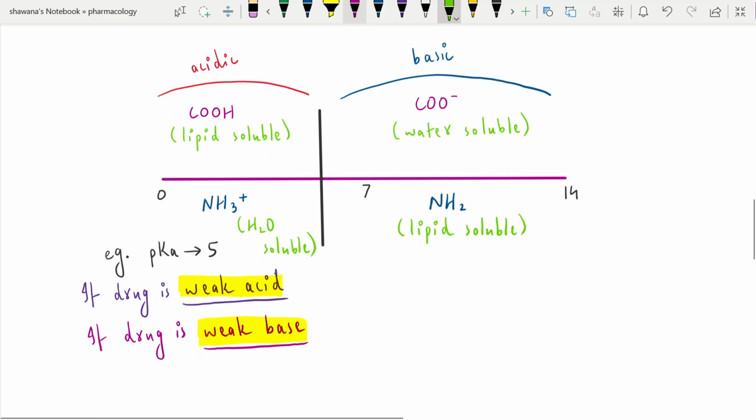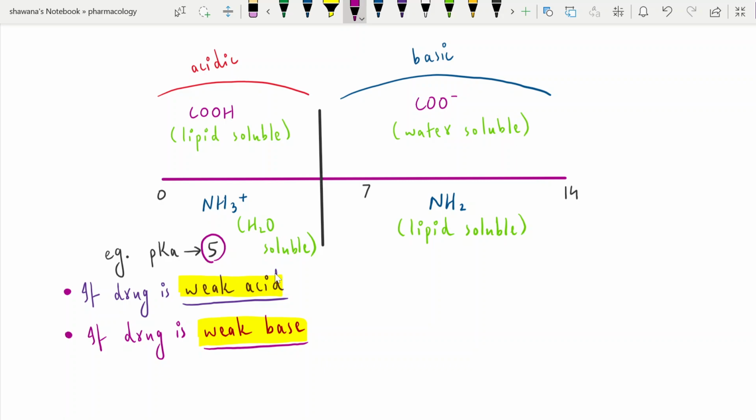Always the pKa will be given. The examiner will not ask you to find the pKa, but renal excretion and lipid solubility could be asked. It is also written whether the drug is a weak acid or weak base, or the examples are given. For example, weak acid aspirin, weak bases local anesthetics.